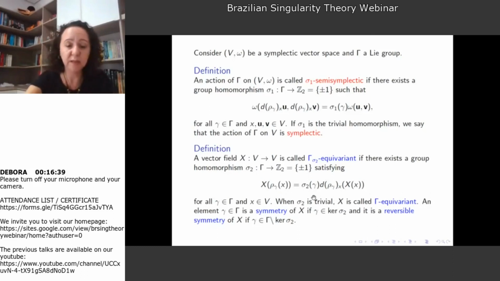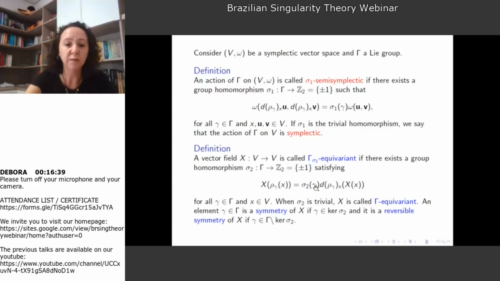So when sigma 2 of gamma is equal to 1, we have a symmetry. When sigma 2 of gamma is minus 1, we have a reversible symmetry or antisymmetry.